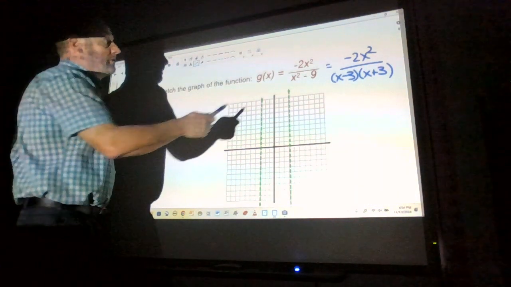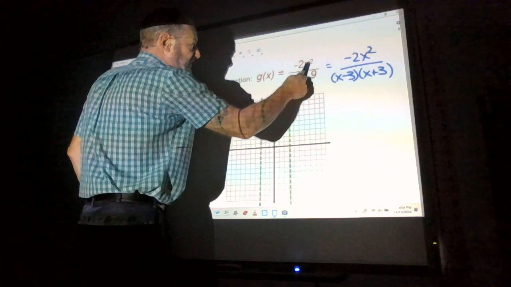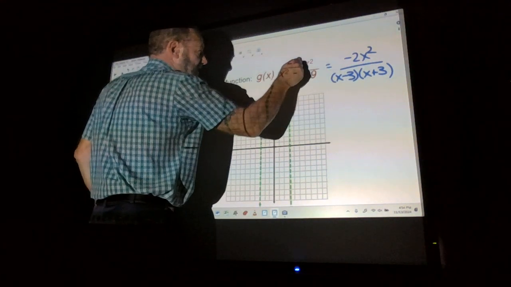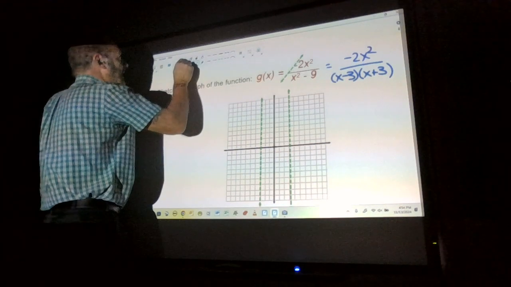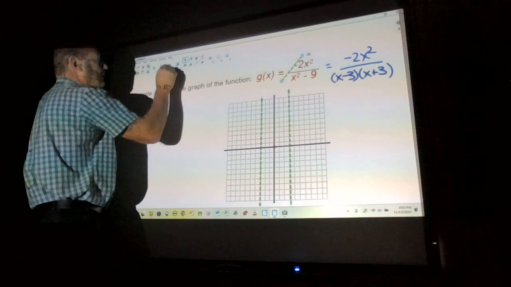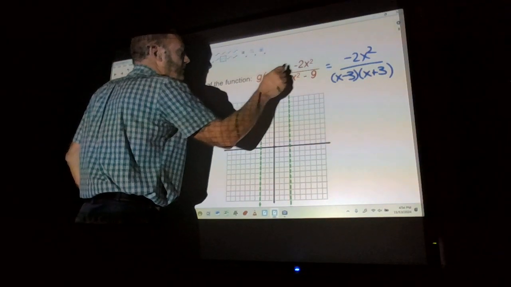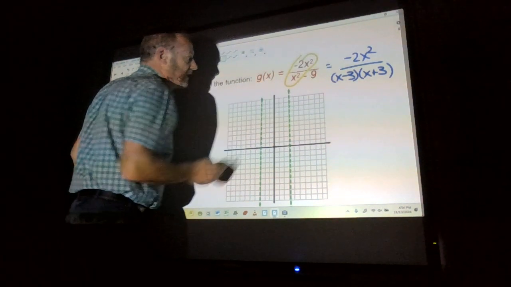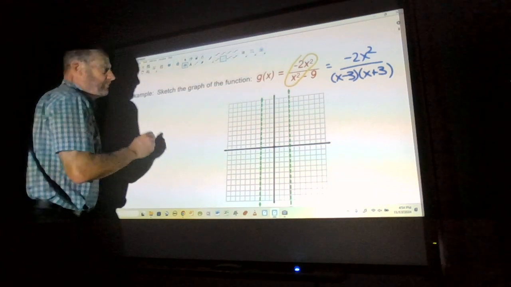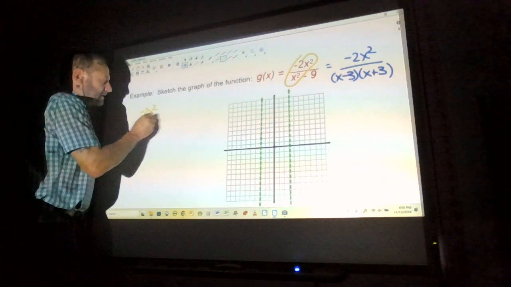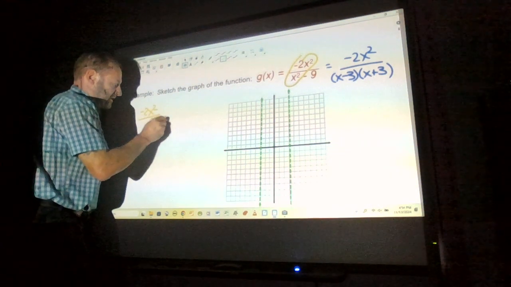Now, the degrees are the same, so I'm going to take these two things right here and divide them. Negative 2x squared divided by x squared is negative 2.